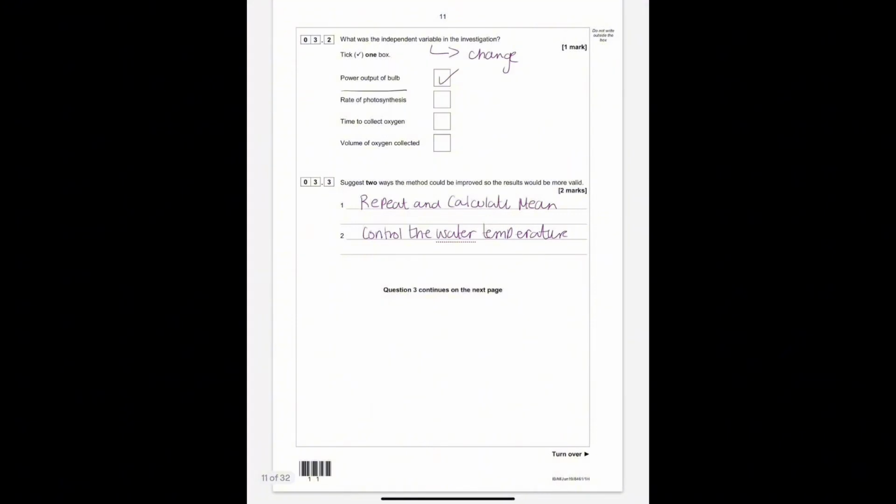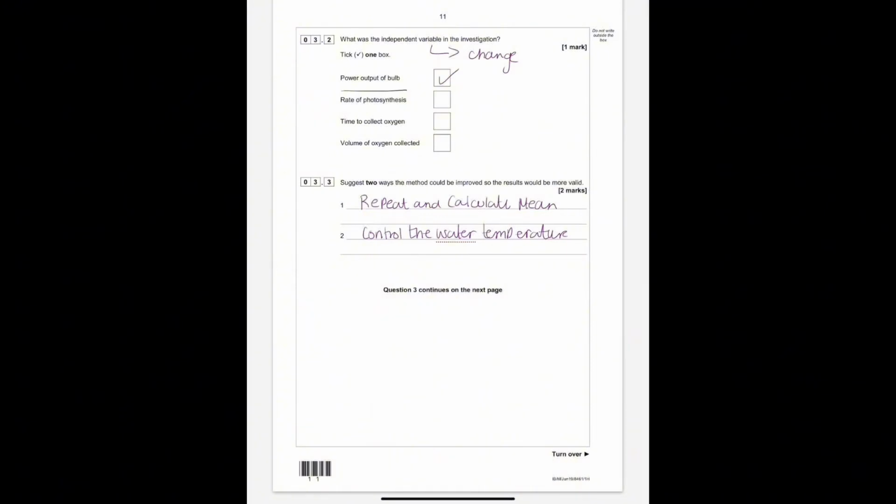Okay, 3.3, suggest 2 ways the method could be improved so the results would be more valid. These are my 2 possible answers, repeat and calculate a mean. Please, in your exams, do not write repeat on its own. You have to write down repeat and calculate a mean to get 1 mark. Control the water temperature could be one of them, and you can also write down control the concentration of carbon dioxide gas.